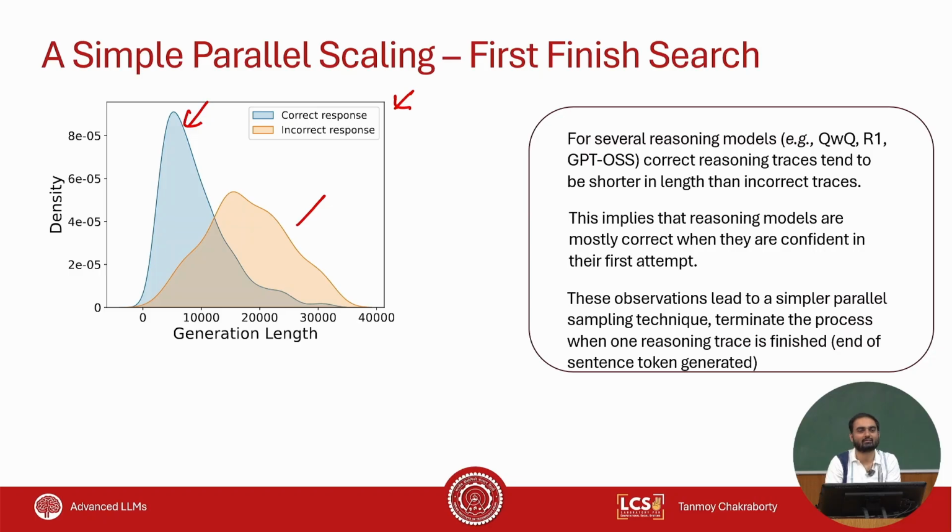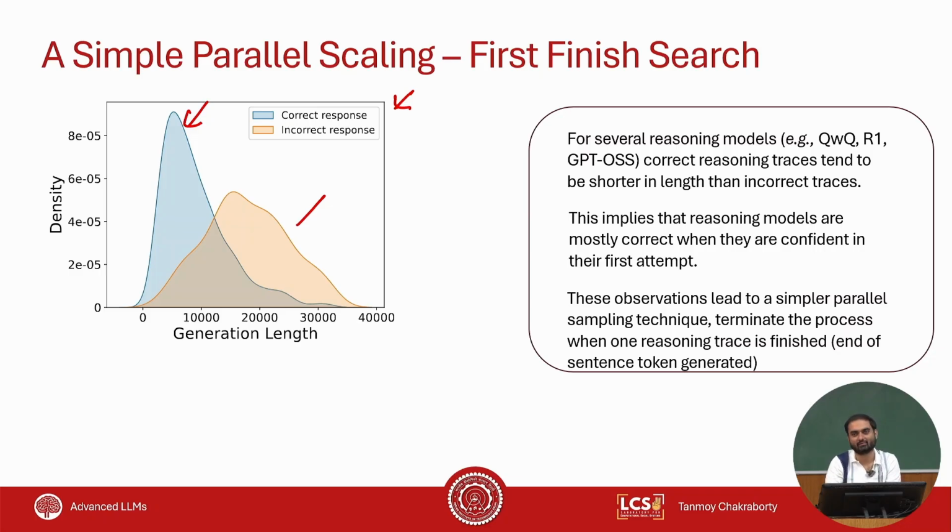So if you ask that kind of model to solve a problem, generally the model will be very, very precise in terms of giving answers. The model would be verbose if the model thinks deeper, if the model is not very sure about the output, the response, and so on.